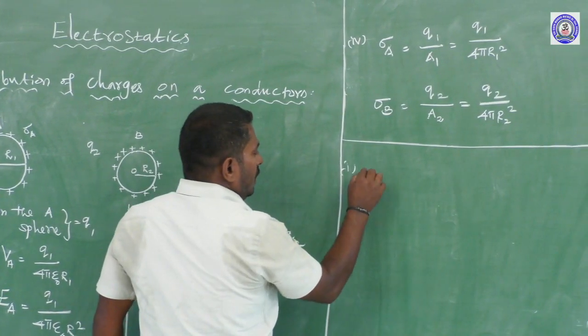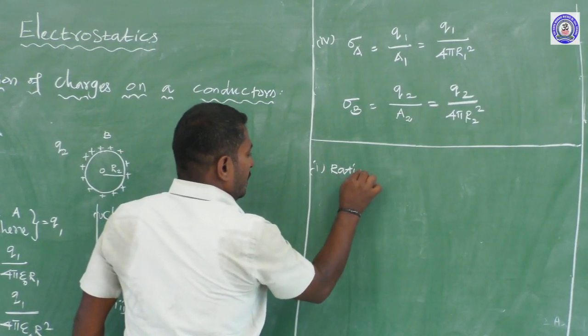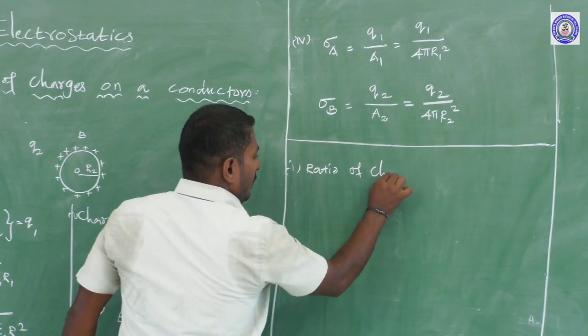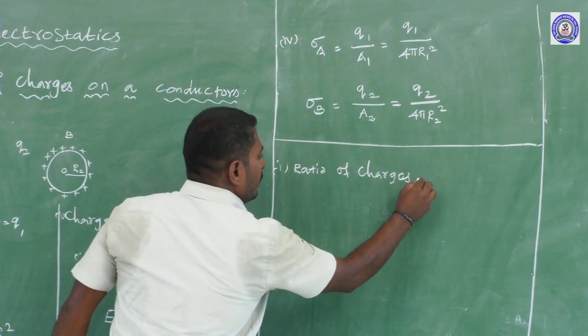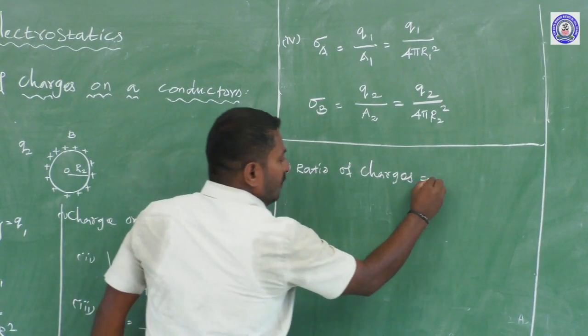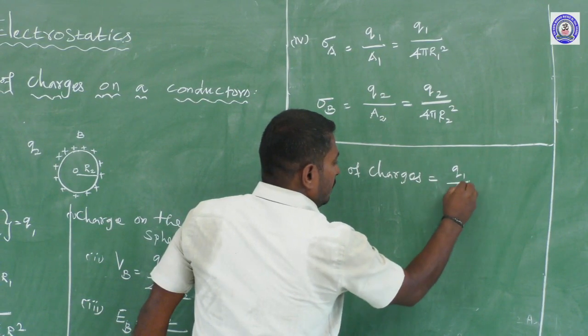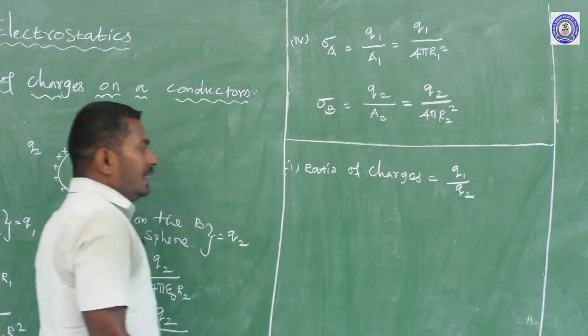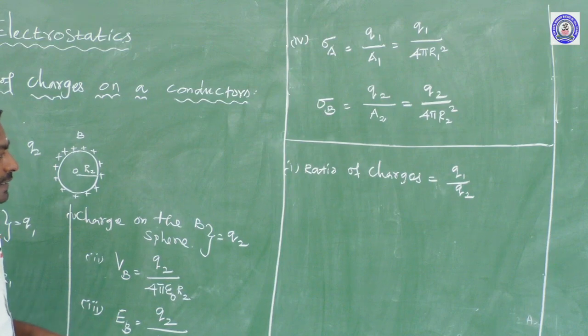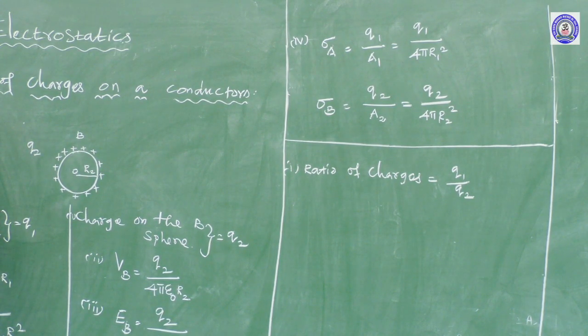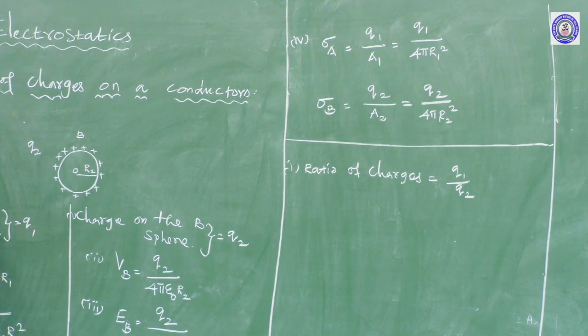First one, ratio of charges, is equal to Q1 divided by Q2. That is the ratio of charges uniformly distributed on the A metallic sphere to that on the surface of the B metallic sphere.